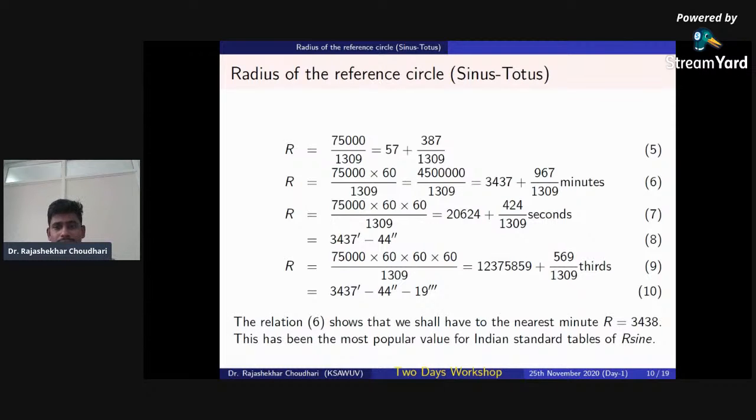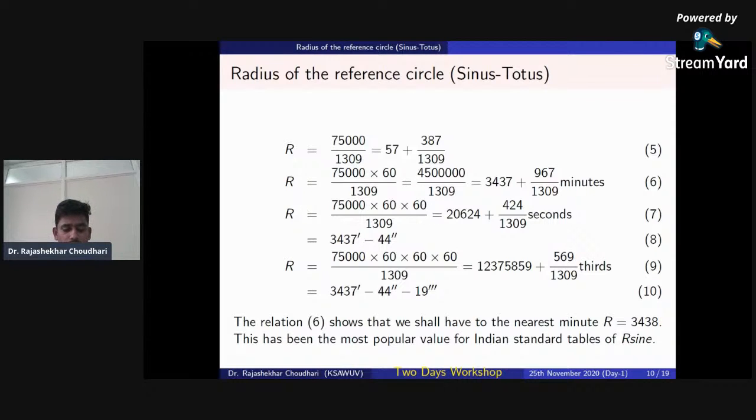If you look at relation 6, it says 3437 plus some minutes. That is the reason the Indians most commonly used this value. They round it to 3438, which was the value of R considered by most of the Indians in order to calculate the sine values.